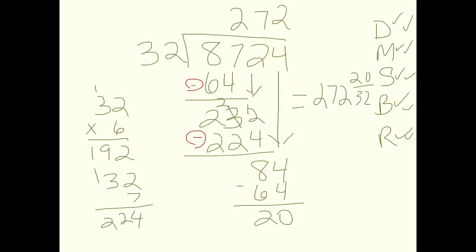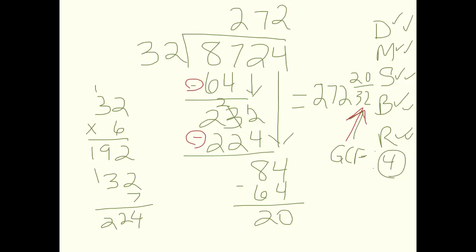If the directions indicate that you need to reduce, remember you always need to reduce your fraction. Fractions never go unreduced. So to reduce our fraction of 20 over 32, you need to find the greatest common factor. The greatest common factor between 20 and 32 is 4.